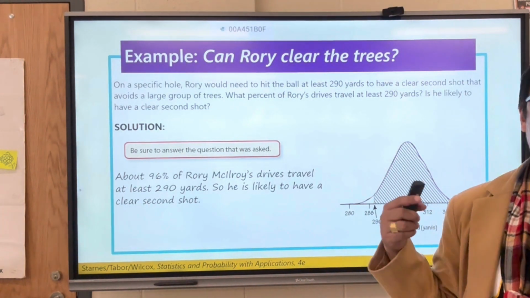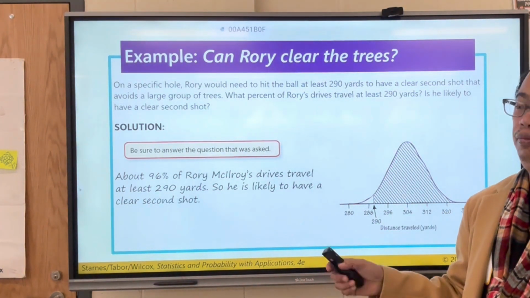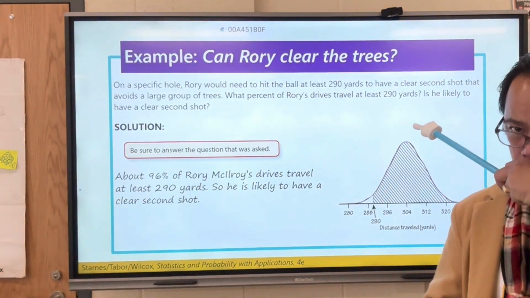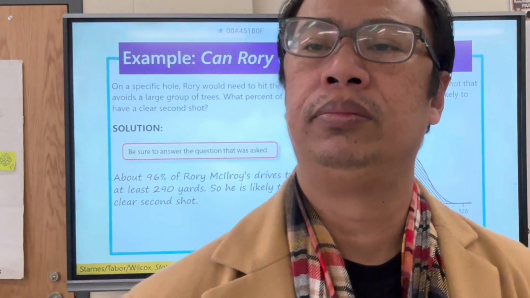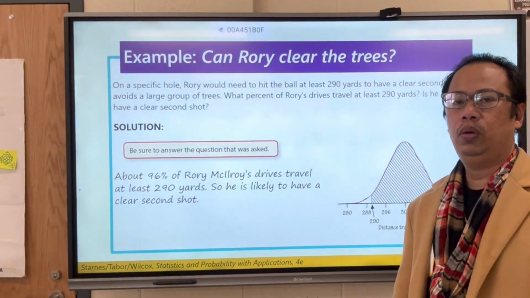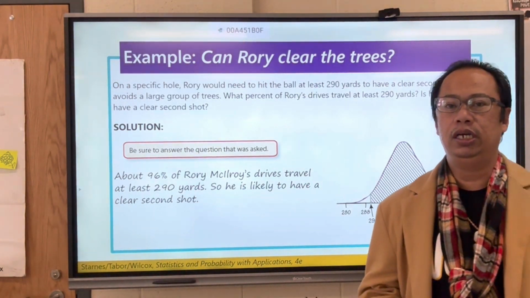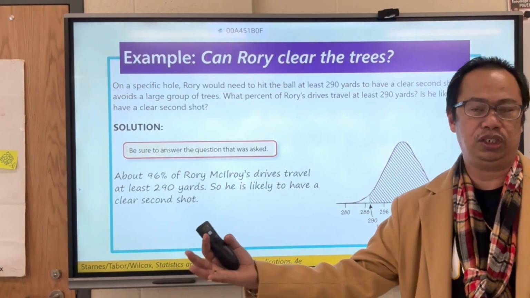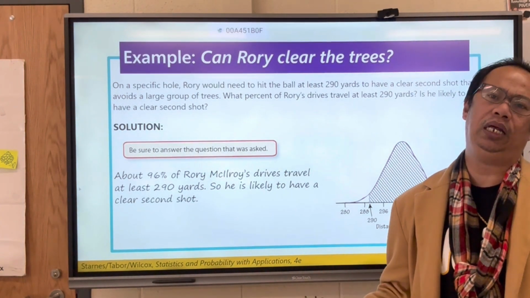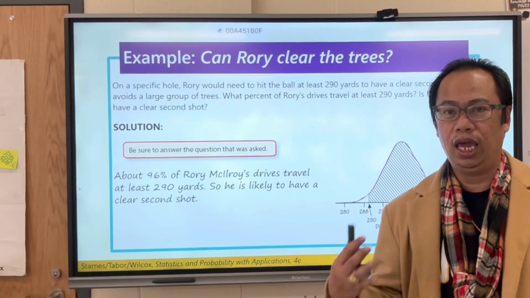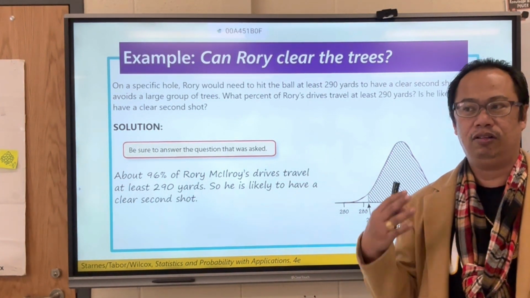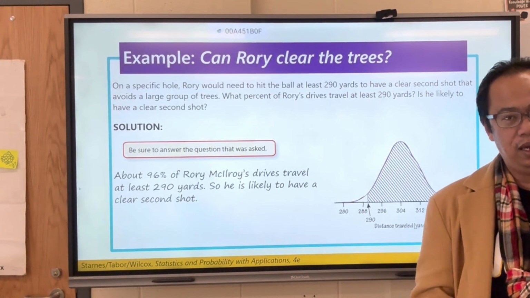He's a good golfer. In that case, we can say that Rory McIlroy can hit the second shot. He is consistent. He can still win in the game.